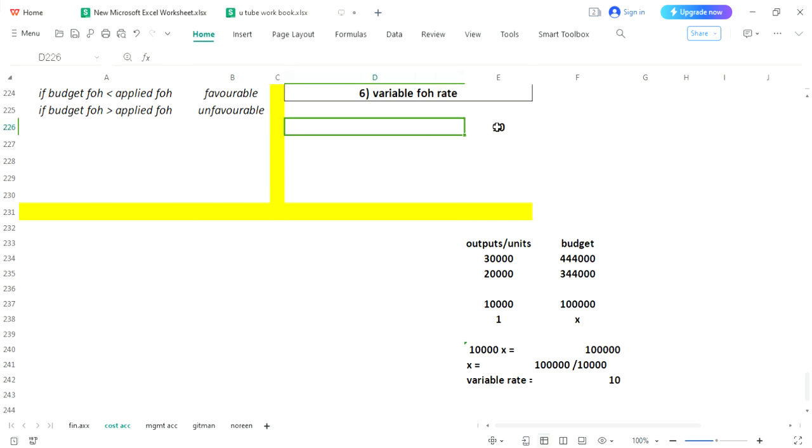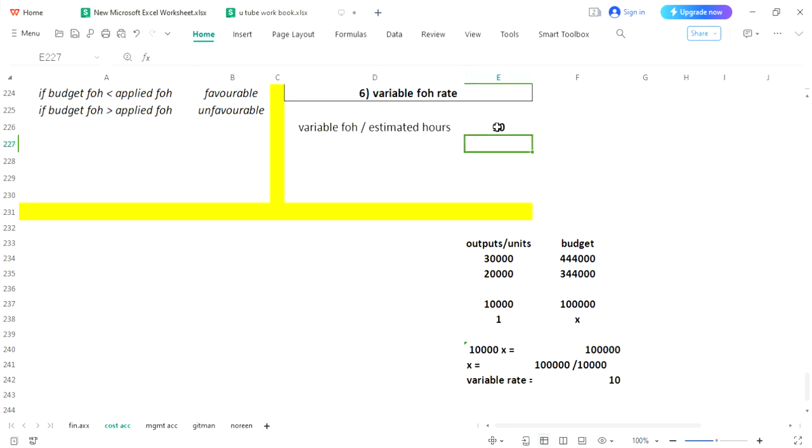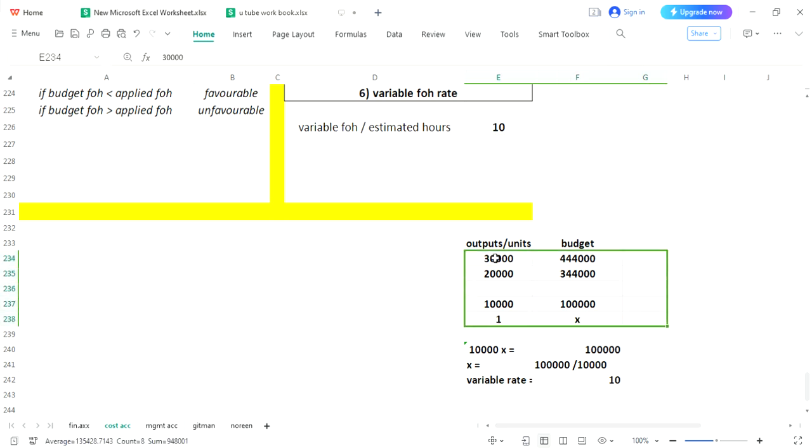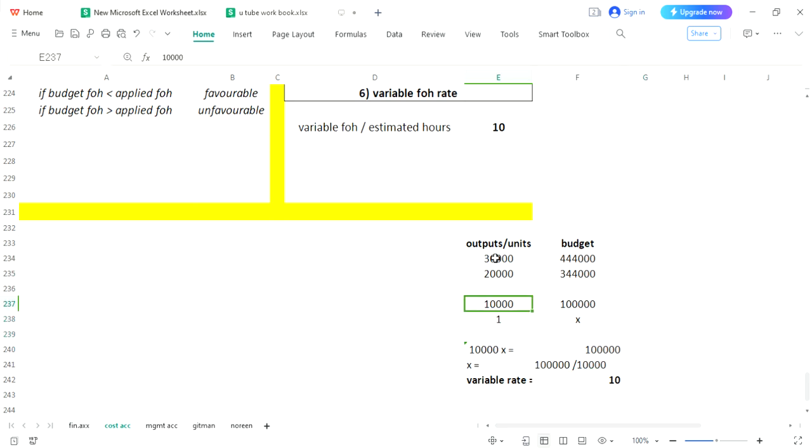Though we were supposed to put variable FH divided by estimated hours, this was its formula, but without putting any amount over here, we have directly written our variable FH rate as 10, because we have calculated it through the high-low level method. So hopefully you have understood it. This is our variable FH rate.